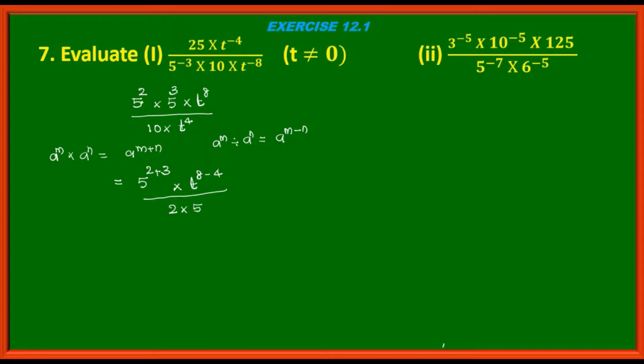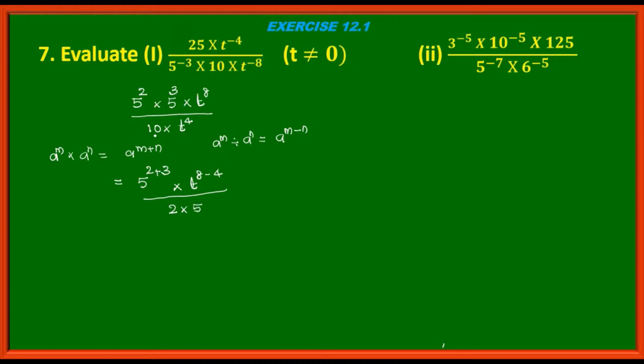So once again listen, 5 square into 5 raised to 3, that we can write as 5 raised to 2 plus 3 into t raised to 8 divided by t raised to 4, it becomes t raised to 8 minus 4.